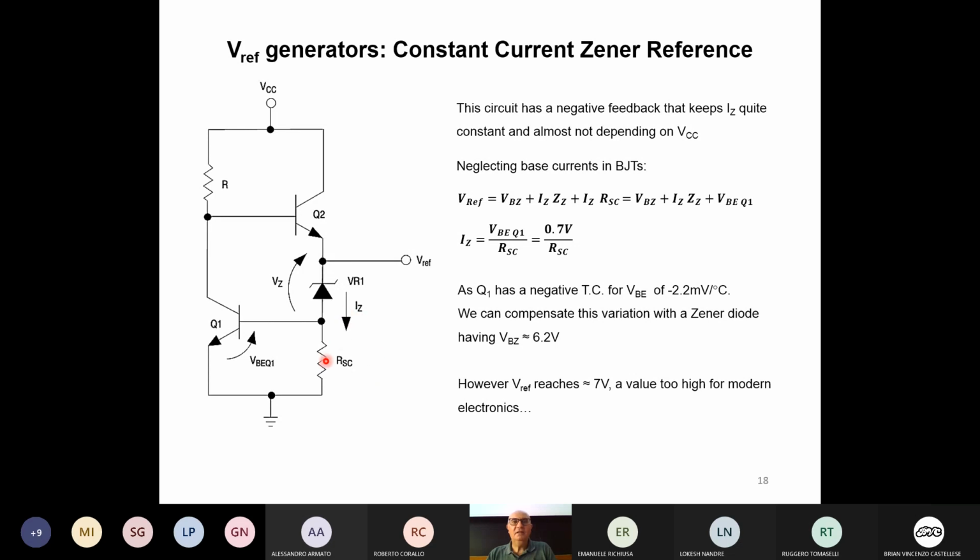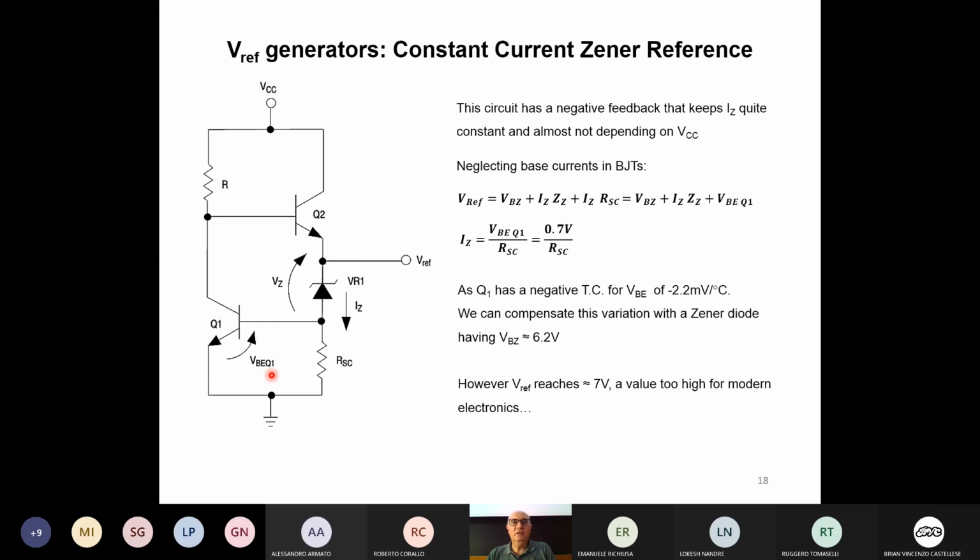But the RSC resistance has the same current as the Zener diode current. So when I say IZ, this IZ current goes through the Zener diode and through the RSC. So I'm supposing that this value of IZ times RSC gives 0.7 volts.